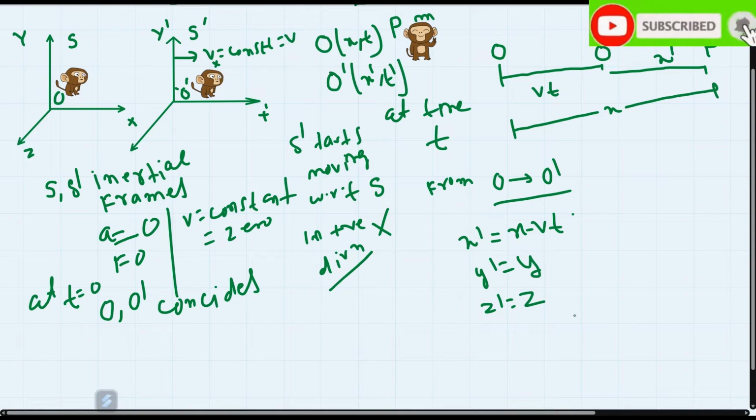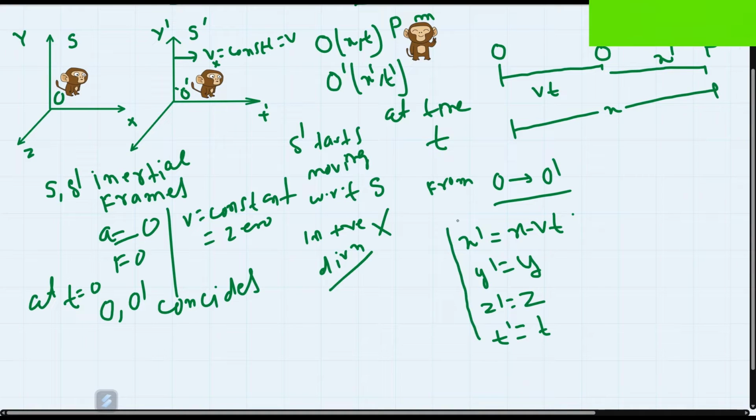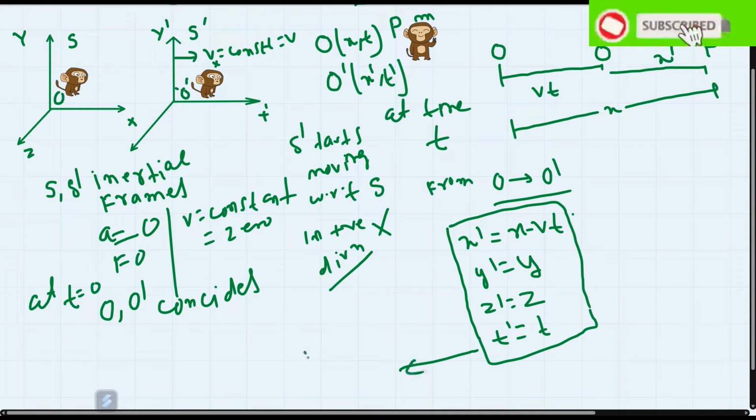As we know, in classical physics time is absolute, so t prime equals t.